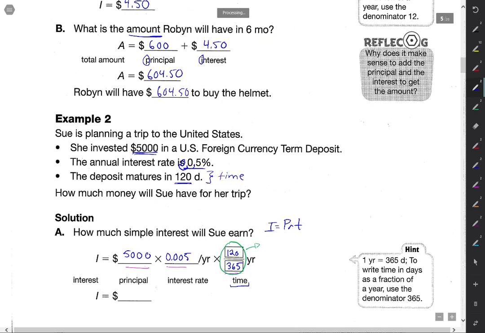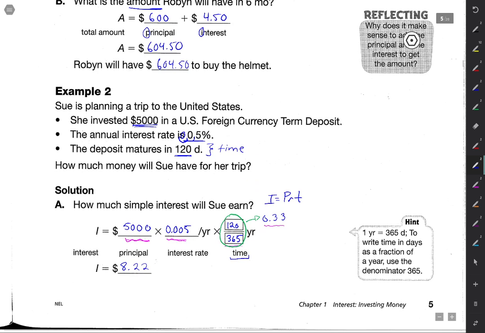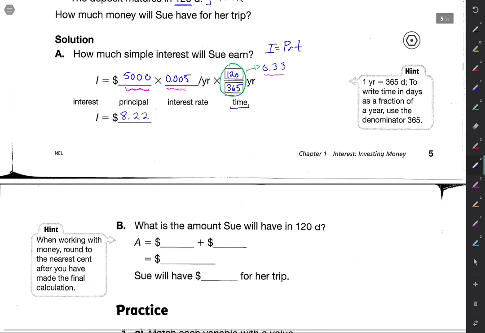So if I put that in my calculator, 120 divided by 365, I get 0.33. So another option for your calculator is 5,000 times 0.005 times 0.33. And in the end, the interest you should get is $8.22.